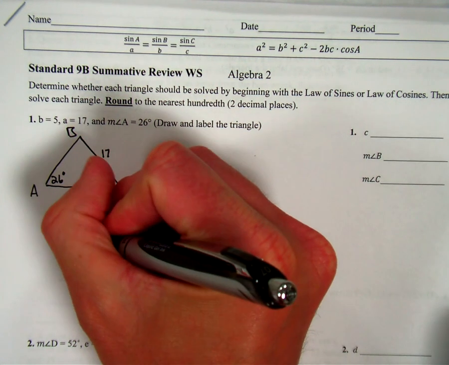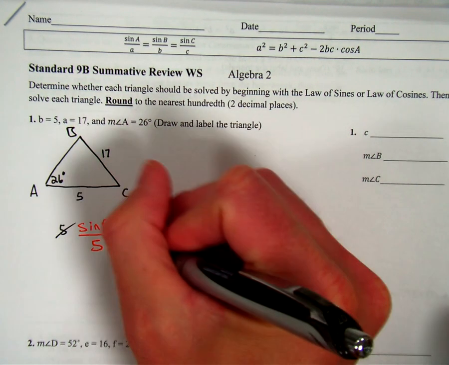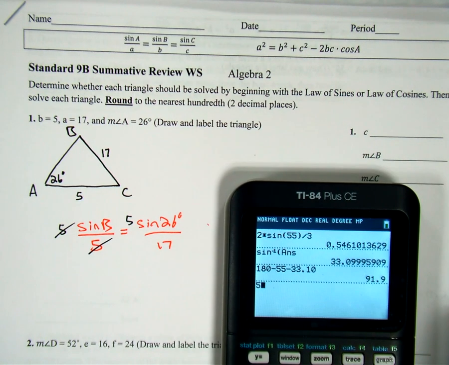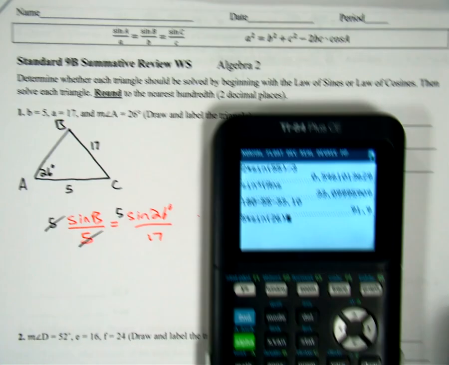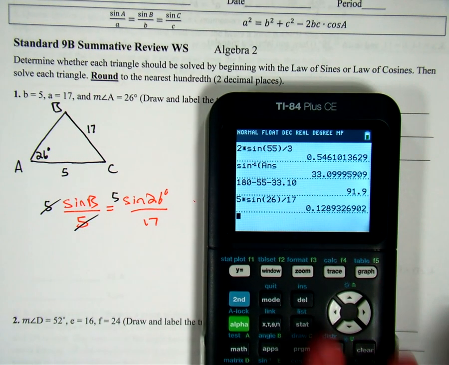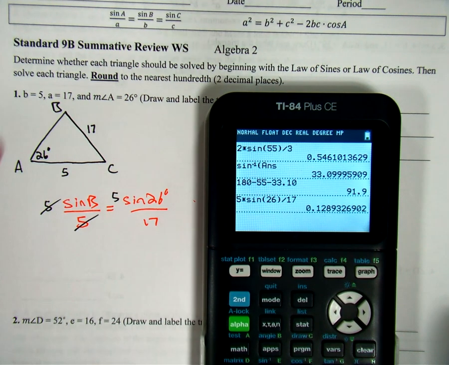Okay, we're going to multiply both sides by 5. 5 times sine 26 degrees. Close your degrees there, close your sine parentheses, divided by 17. And we got this icky decimal. And that icky decimal is going to remind us, hey, I'm trying to get an angle, I don't want a little itty-bitty number.